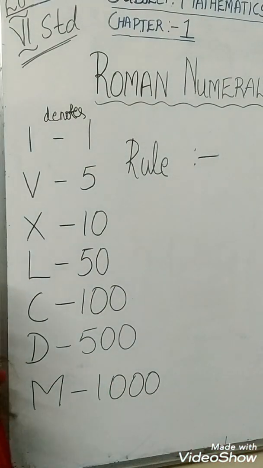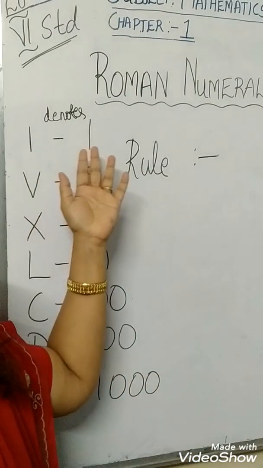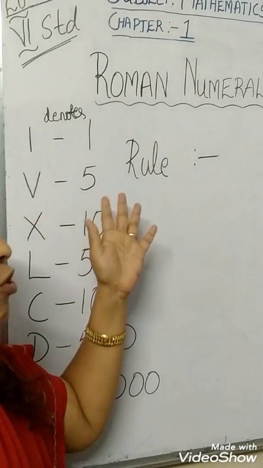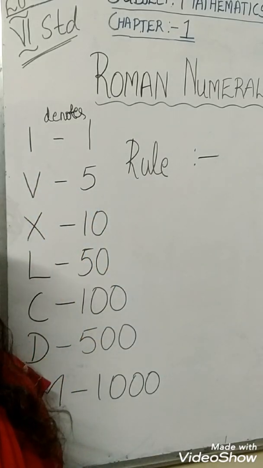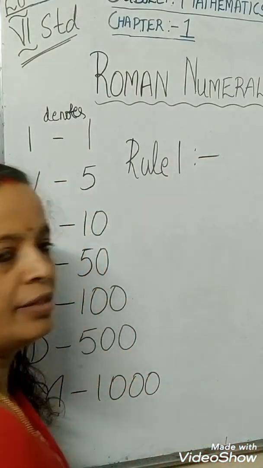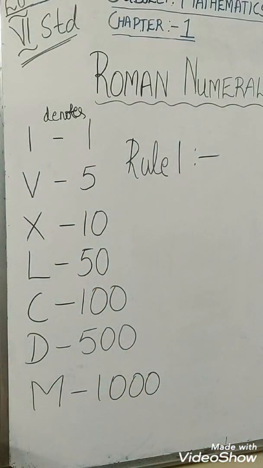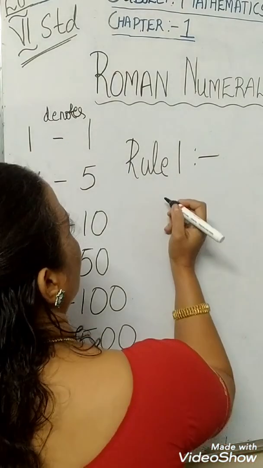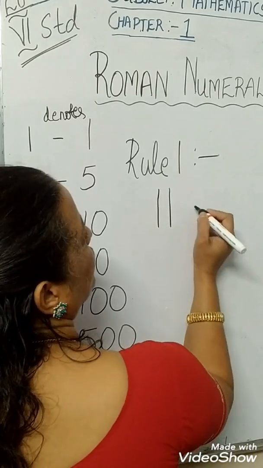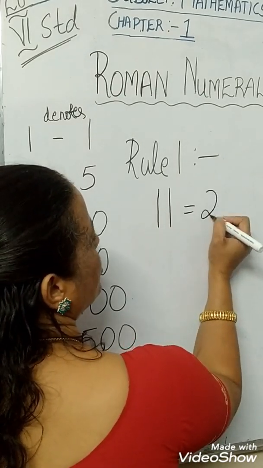If you have to write a Hindu-Arabic number in Roman numerals, you will have to follow certain rules. We'll learn the rules now. Rule 1 tells that if a symbol is repeated, its value is added as many times as it occurs. For example, look at the symbol I. If it is written once again, the value is 2.